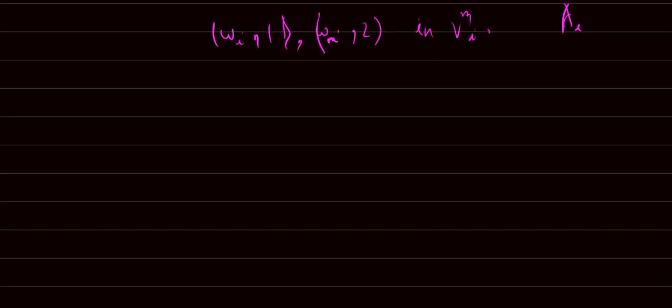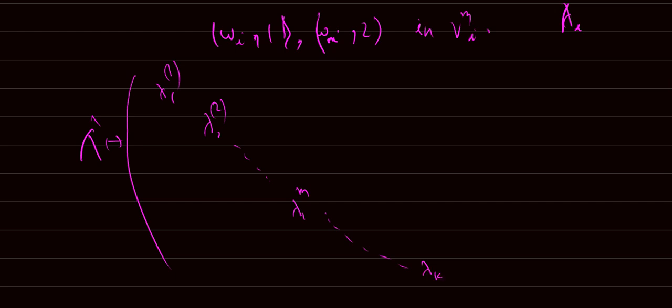So we'll find finally that lambda is represented like this, where lambda 1, lambda 2, lambda 3 are the eigenvalues of lambda I's.